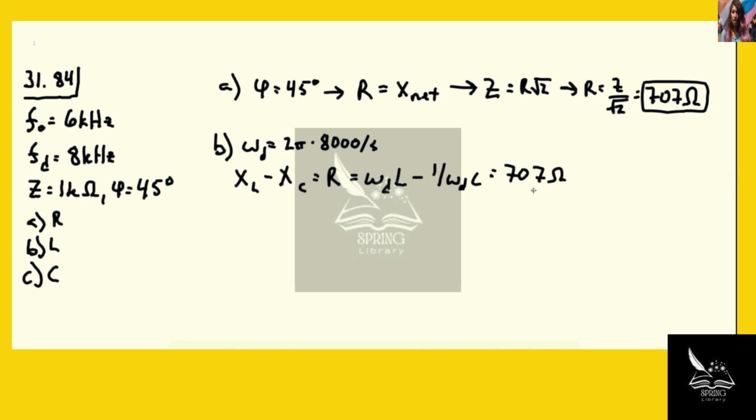And we're also told that the resonant frequency is 6 kilohertz. So that'll be 12,000 pi radians per second.